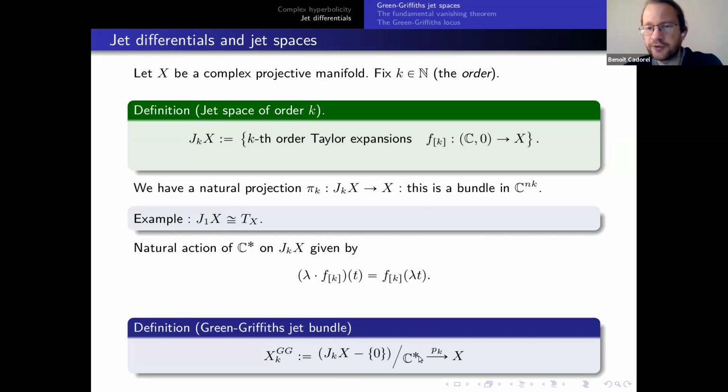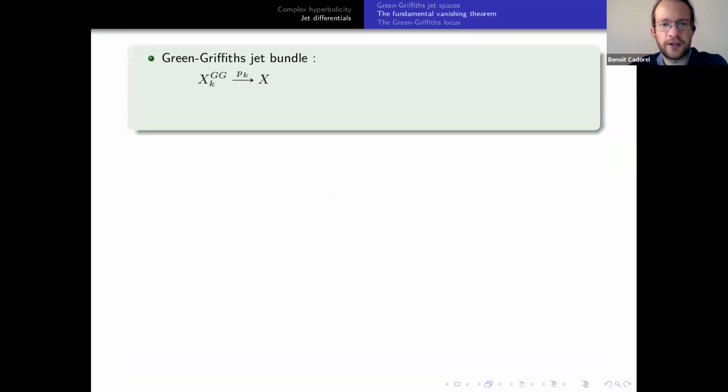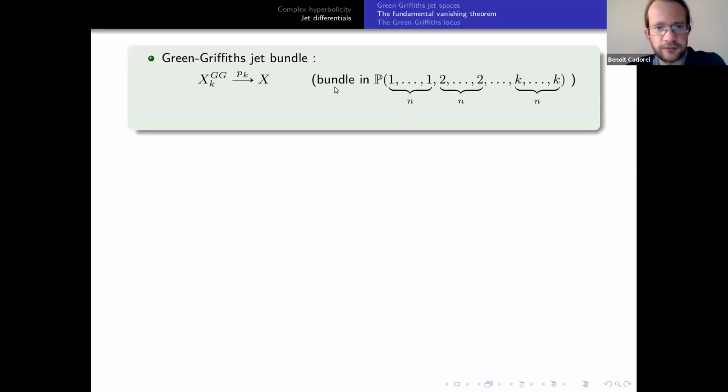And so what happens is that on any fiber above X, you have this C^{nk}, you remove 0, and you quotient by C star. So it looks very much like a projective space, but you have some weights actually. The C star action is not simply multiplying by lambda any coordinates on this C to the power nk.